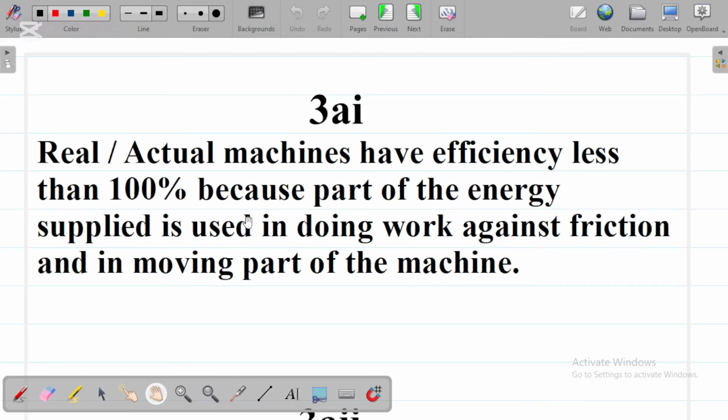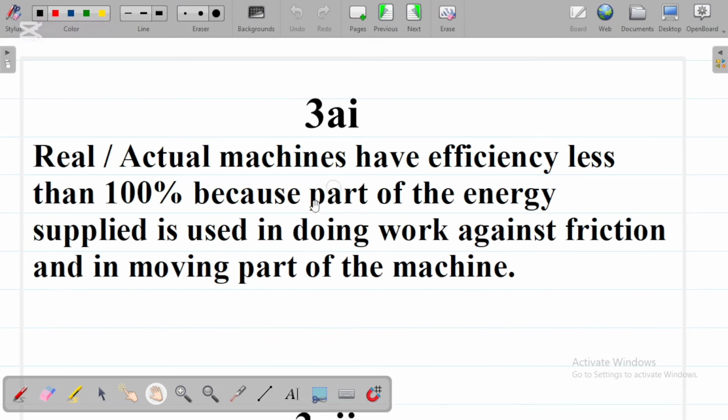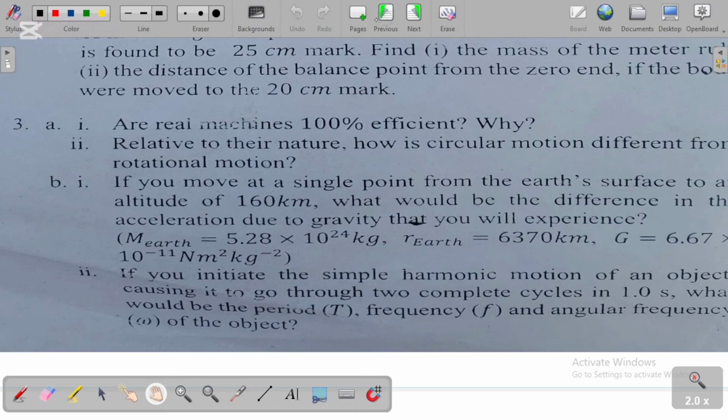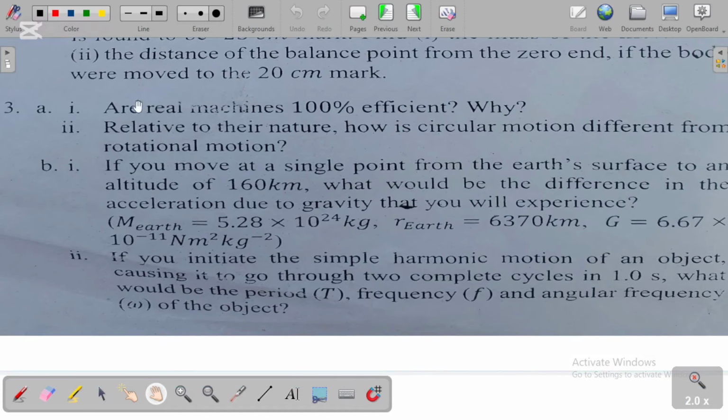So real machines are not 100% efficient. Alright, so we've answered 3AI.